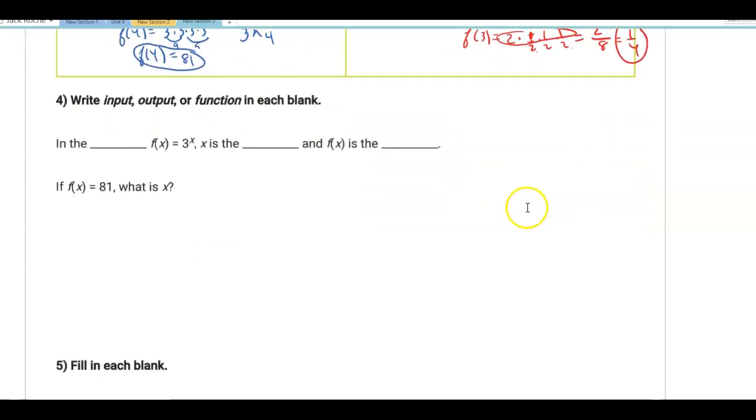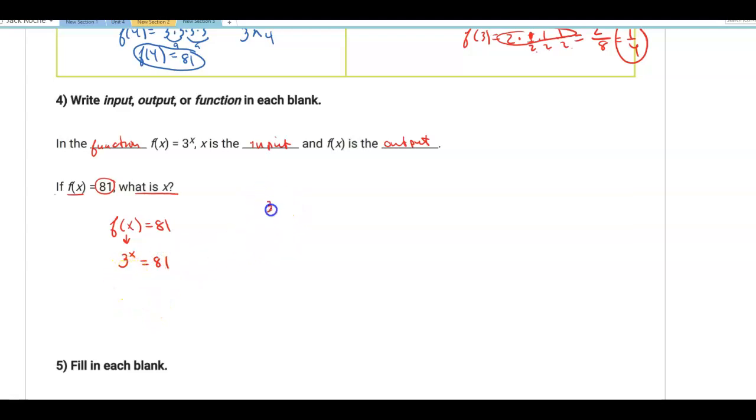Now, in the function f of x equals 3 to the x, x is the input and f of x is the output. So if they tell us the function has a value of 81, what would the value of x have to be? If f of x equals 81, we're basically saying 3 to what power is equal to 81?